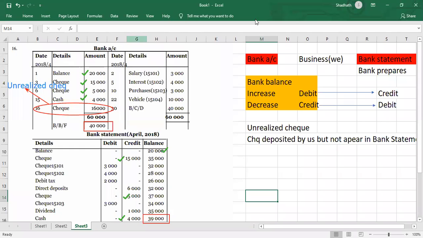Now we come to the other side. Credit side and debit side, we will check it.